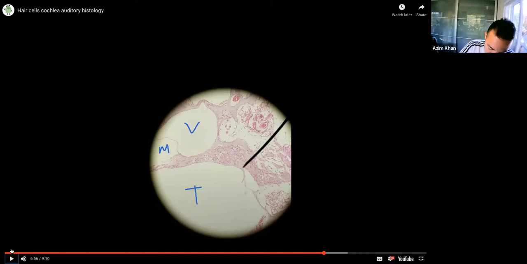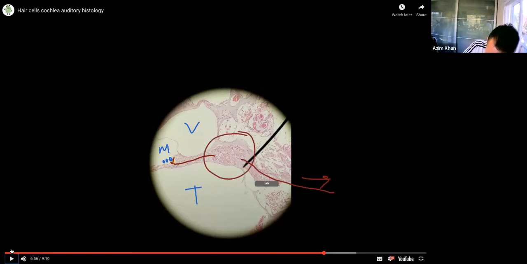Hair cells would be right here. The neurons that communicate with these hair cells would extend this way. And so this is the nerve. If you look closely in this region right here, there's a lot of dots. These are neuron cell bodies. This is the ganglion.